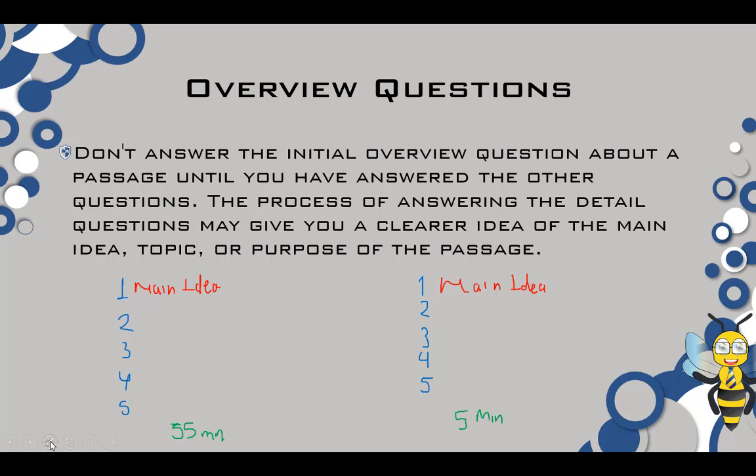So, if you have time, you should answer these questions first, and then you should answer this question. But when you have just 5 minutes, when you're finishing, the first question should be the first. And then the rest of the questions.